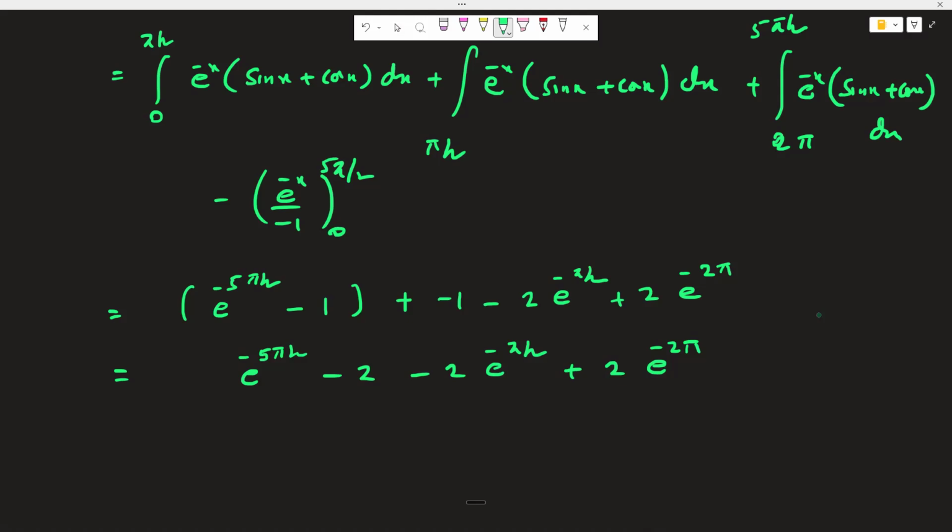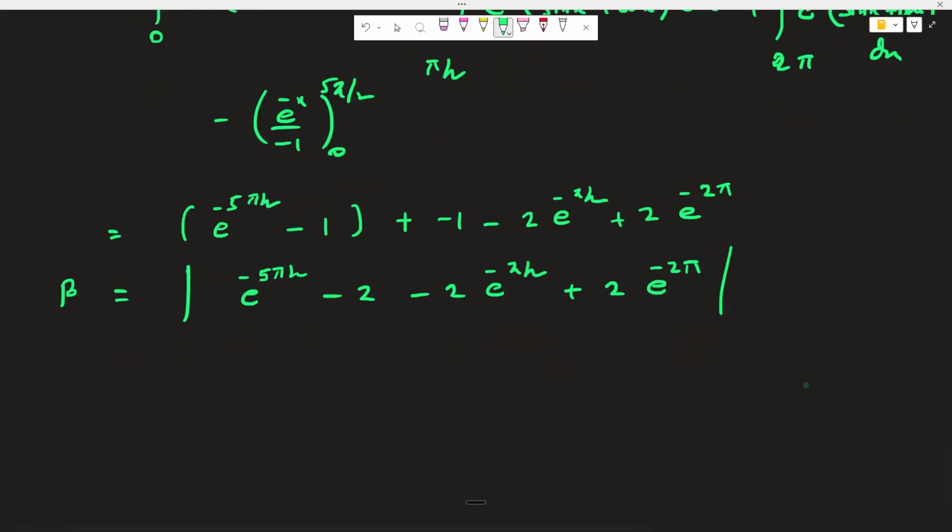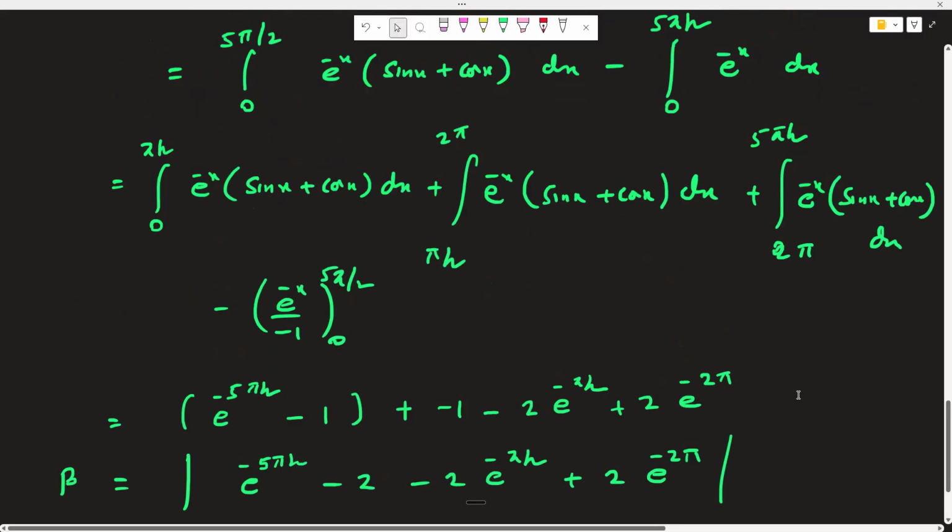Of course, since it represents area, you can apply the modulus sign. And since these are the higher values, we can also write 2 into e power minus 2 pi plus 2 into e power minus pi by 2 plus 2 minus e power minus 5 pi by 2. This is the value of beta.